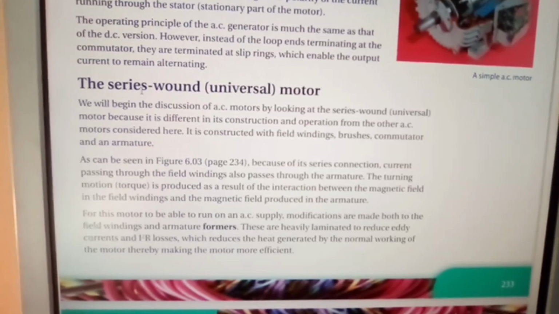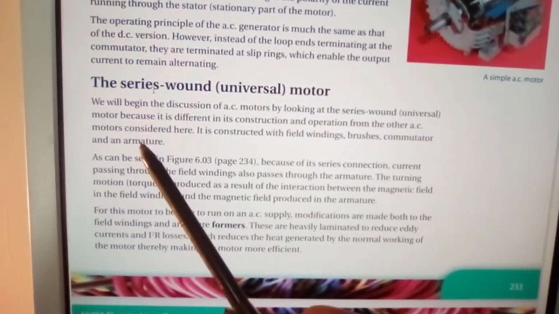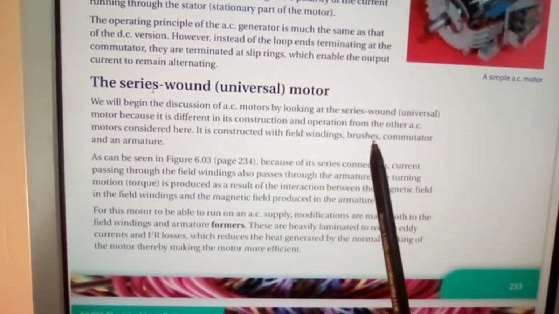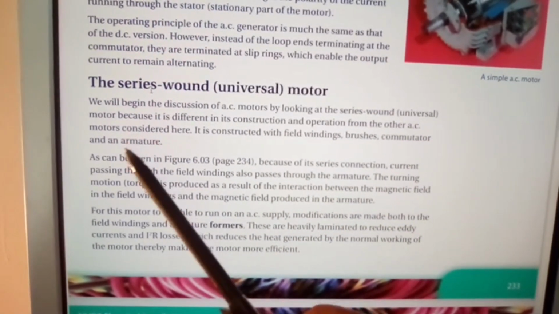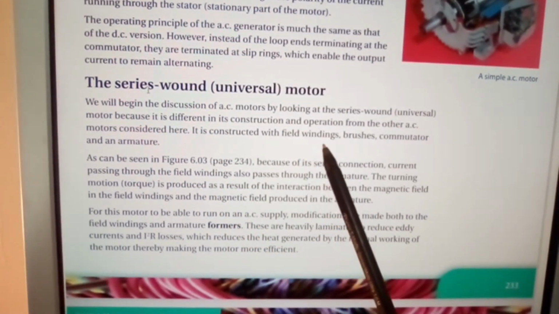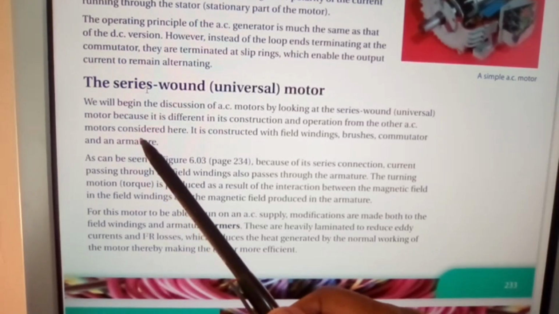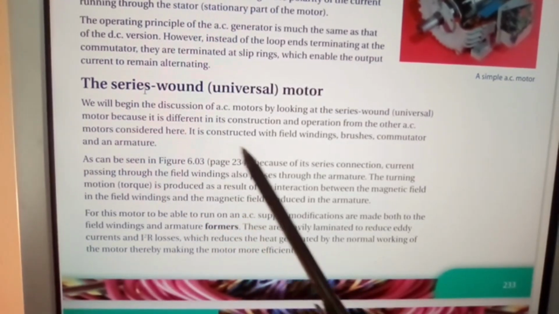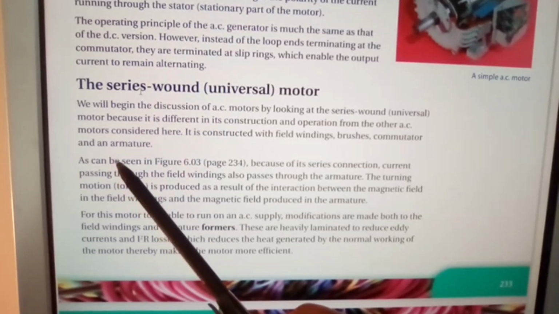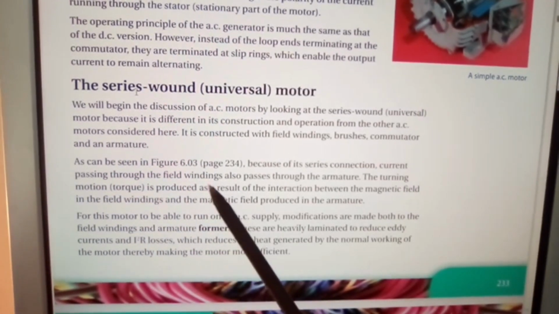The series wound universal motor. We will begin the discussion of AC motors by looking at the series wound universal motor because it is different in its construction and operation from the other AC motors considered here. It is constructed with field windings, brushes, commutator, and an armature, as can be seen in figure 6.03.